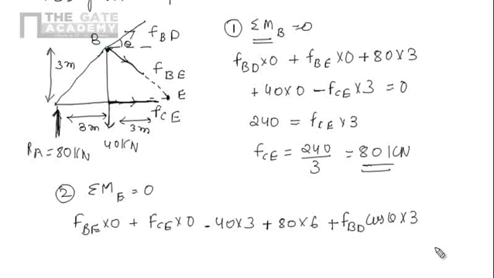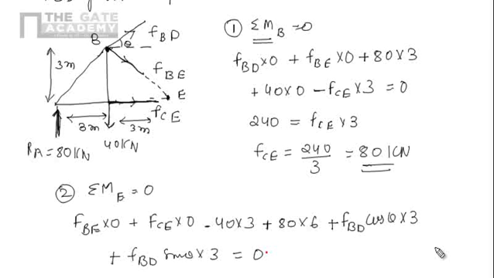Similarly, for the sine component, we have FBD sin theta, the perpendicular distance is again 3, and the direction is clockwise, so it is positive. The summation should be 0.